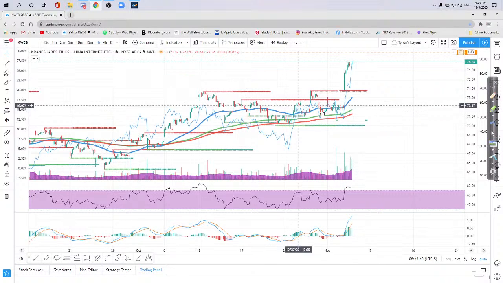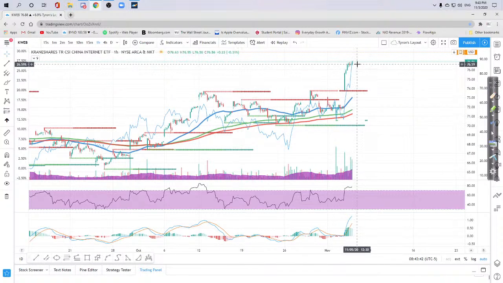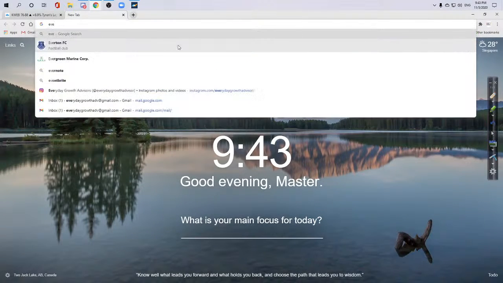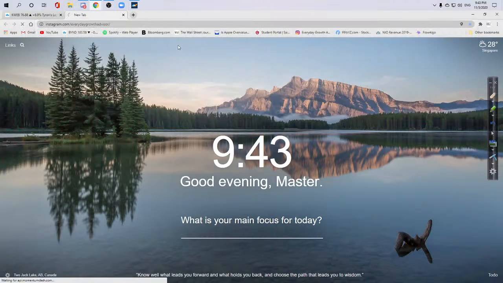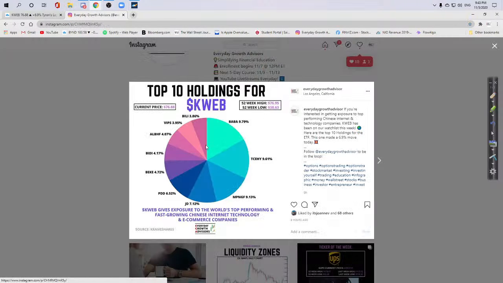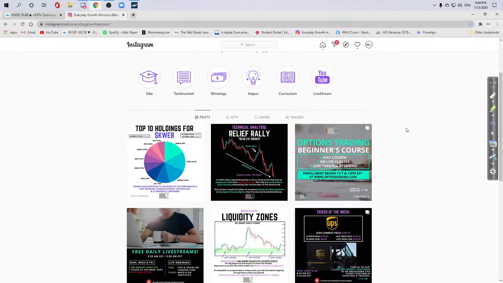And you can see exactly one week later what happened with KWeb, which is the Chinese Internet ETF. I put out an infographic earlier today of the top 10 holdings of KWeb. You can have a look at it, and you can also go look at KWeb itself and see what is in that ETF.